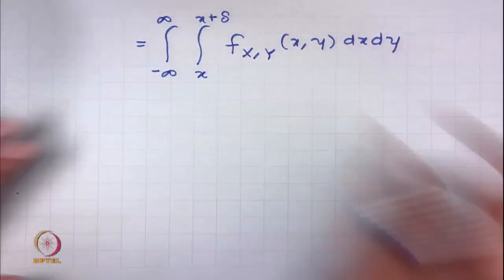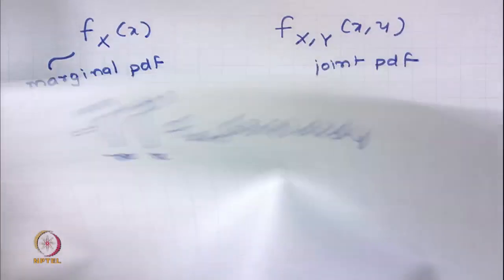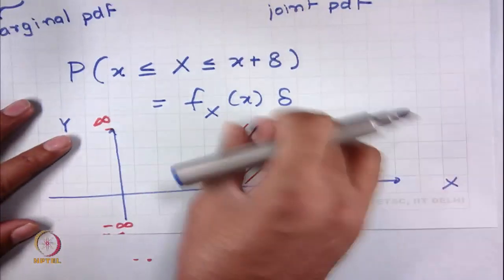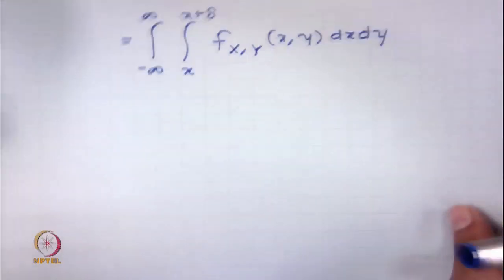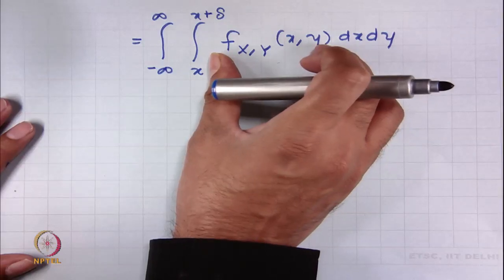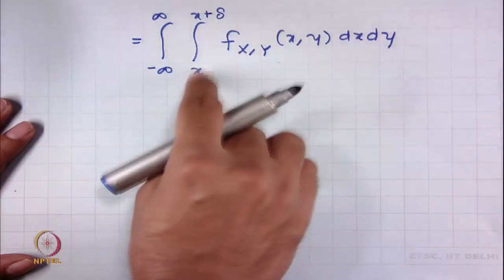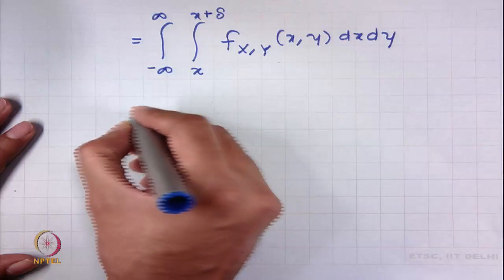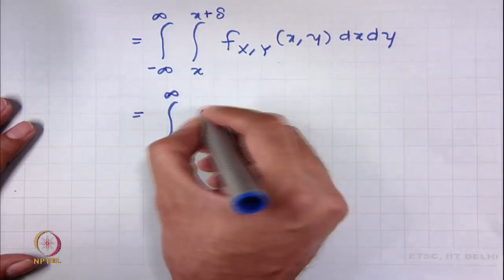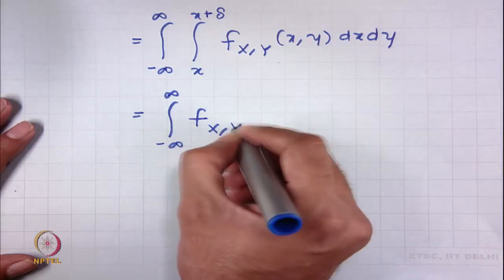And this quantity will give me the probability that x falls on this strip. Okay. And assuming that this joint PDF is constant, because delta is very small in the limit x to x plus delta, I can pull this out of this integration, assuming that this is constant.